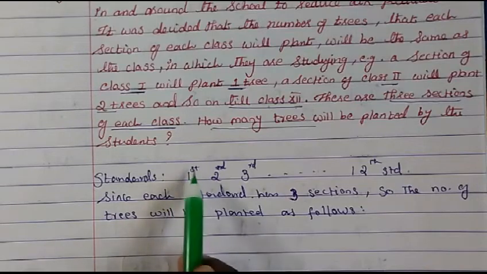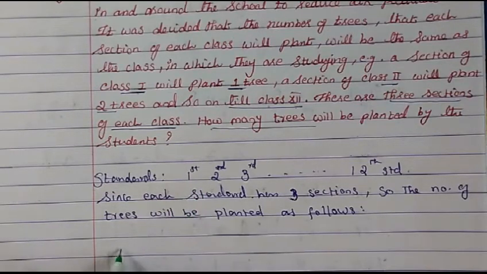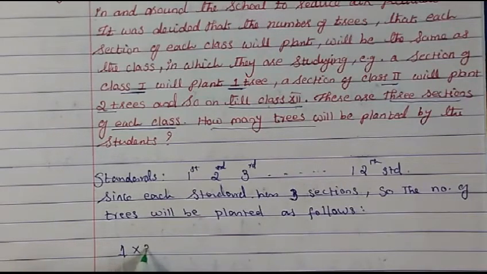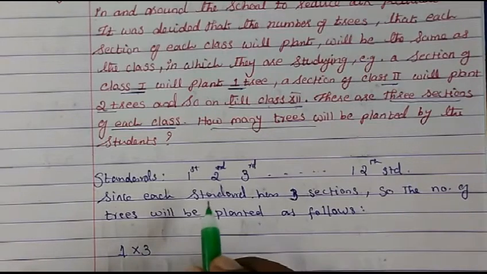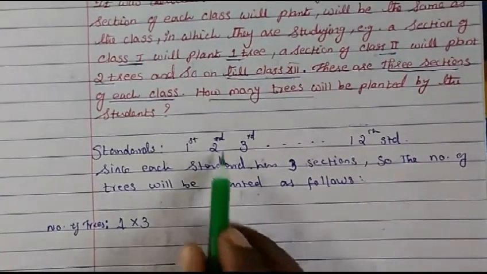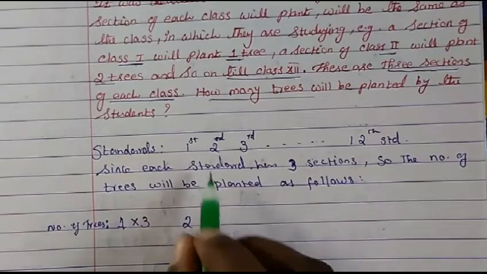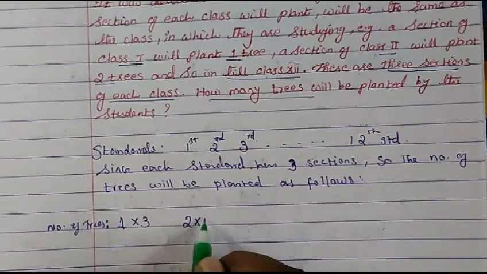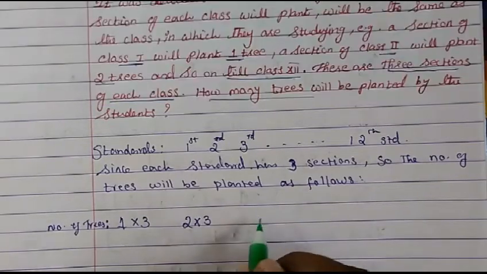Now first standard will have to plant how many trees? 1 tree, but then first standard is having 3 divisions. Now second standard, they will plant 2 trees, and they have 3 divisions.